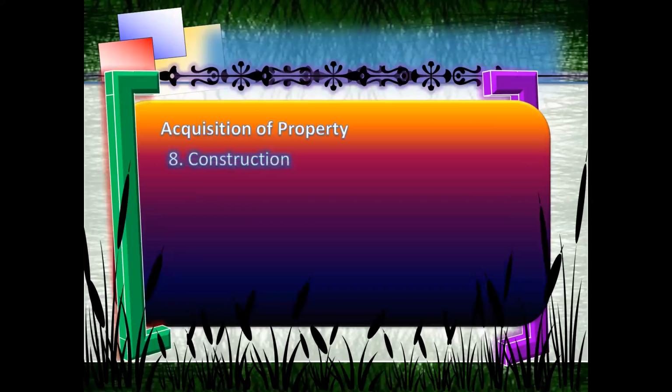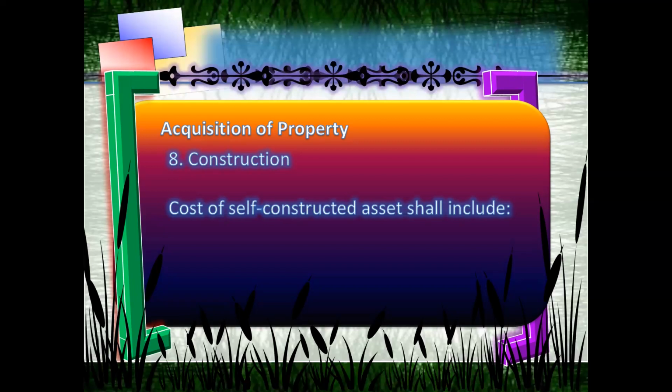So let's proceed. Again, the government grant will be discussed in a separate chapter, in a separate lesson. So let's proceed to acquisition of property through construction. What happened is, instead of buying, the entity constructed the asset itself. The cost of a self-constructed asset shall include the following.